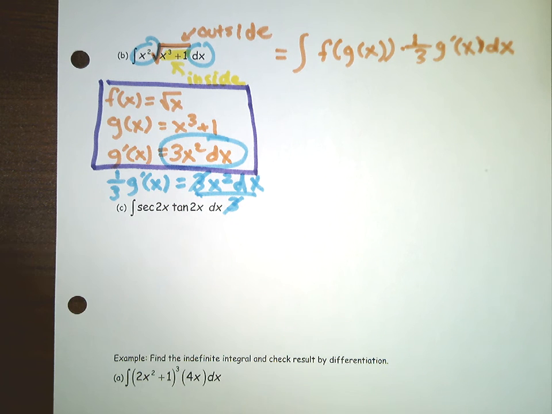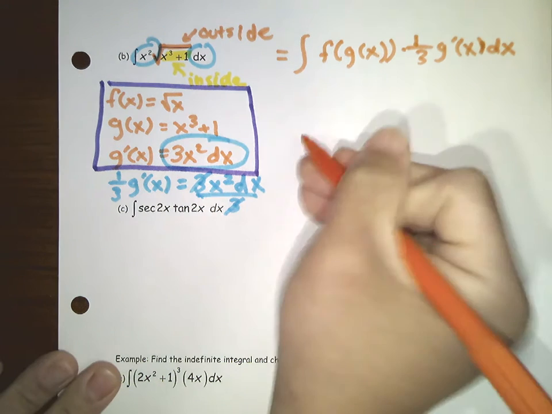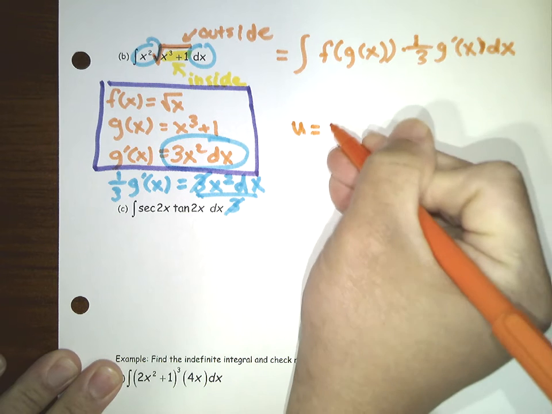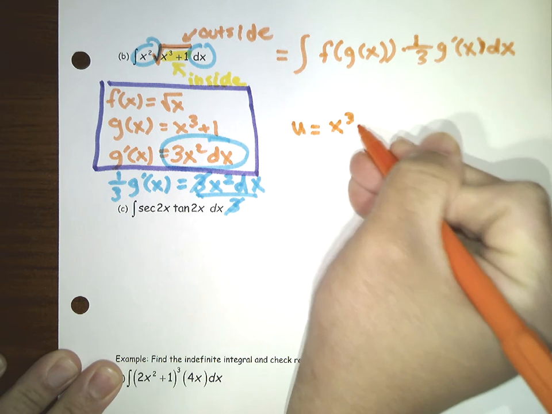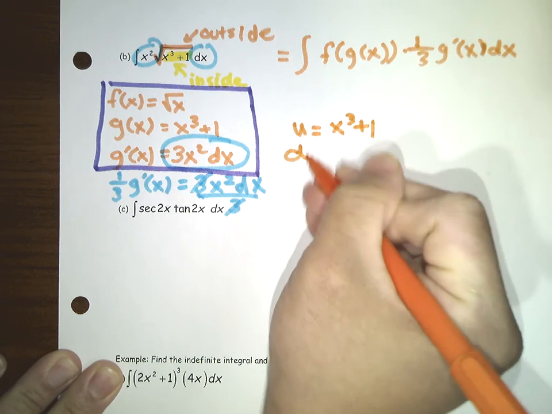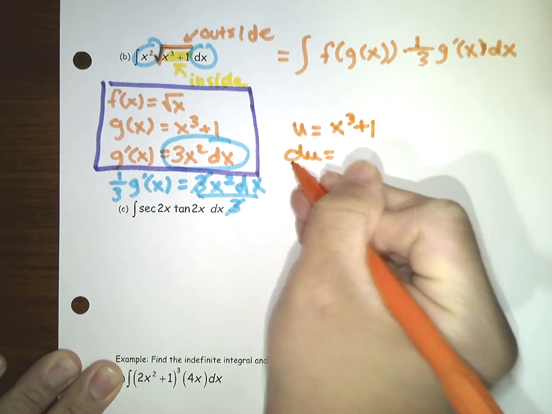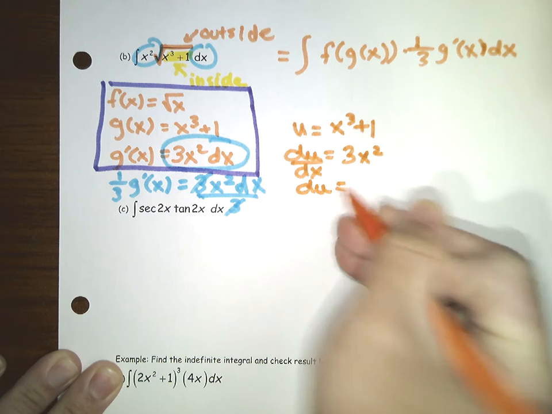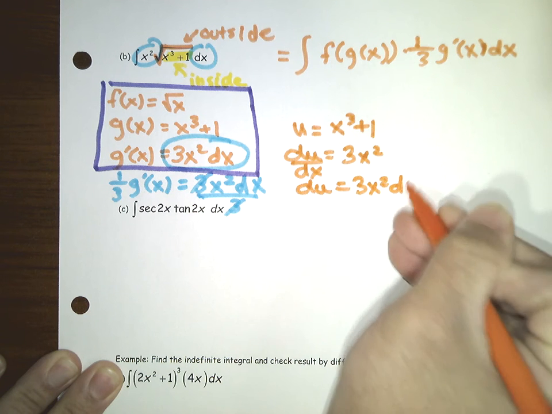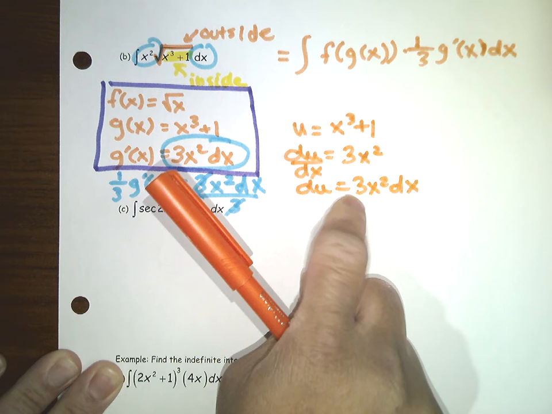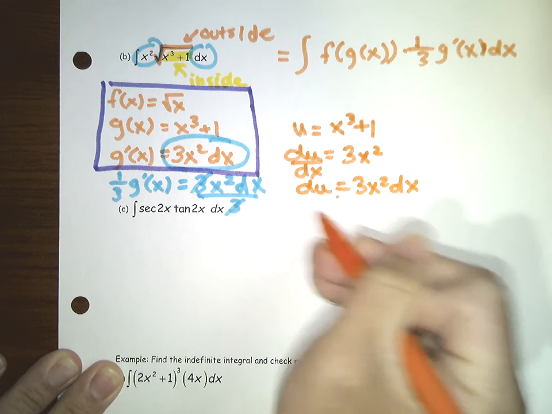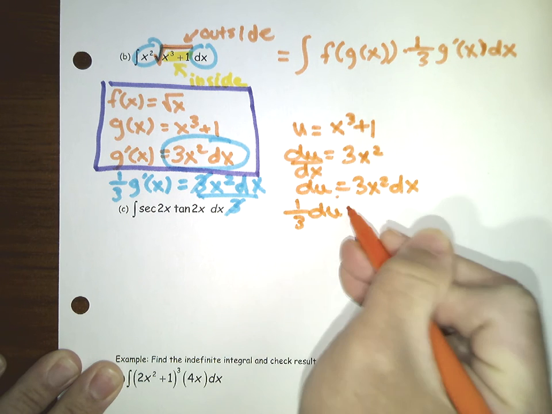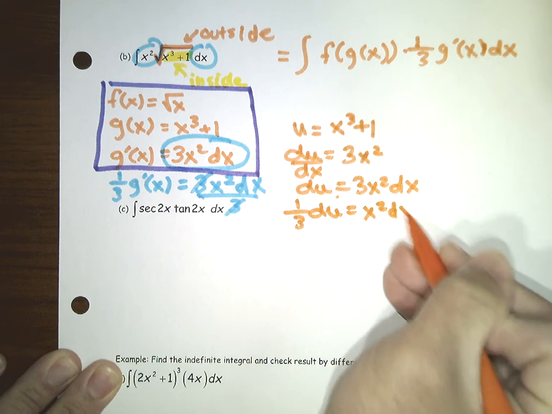So again, I want to point out how later on we will be converting these to u's. So u would be x to the third plus 1, and du over dx is 3x squared, so du is 3x squared dx. So then I'll rewrite this as divide by 3, so 1/3 du is x squared dx.